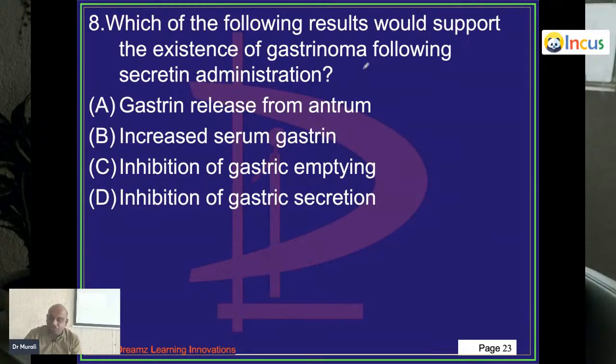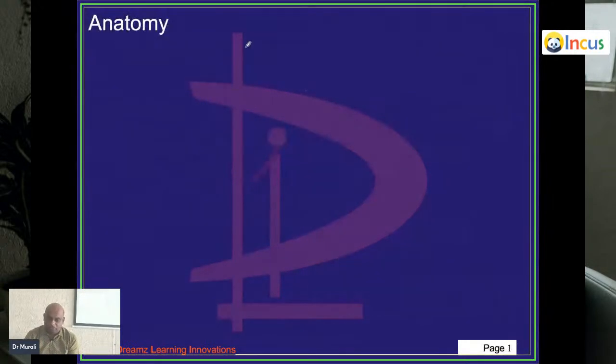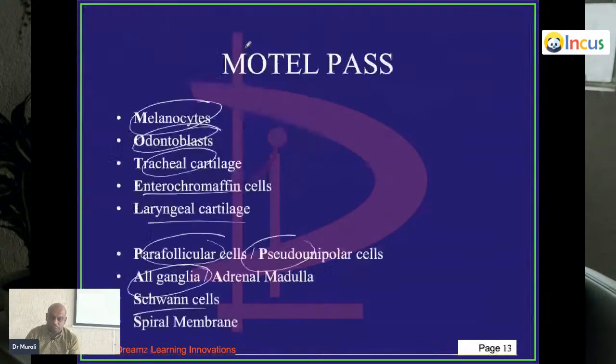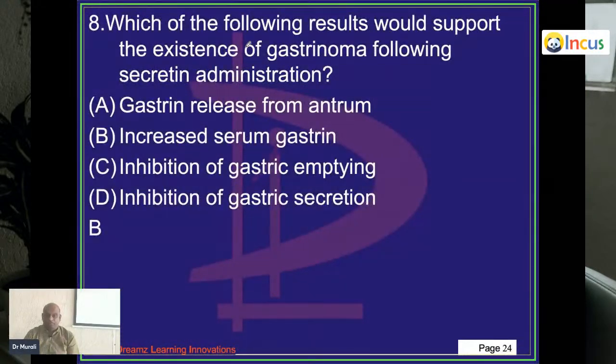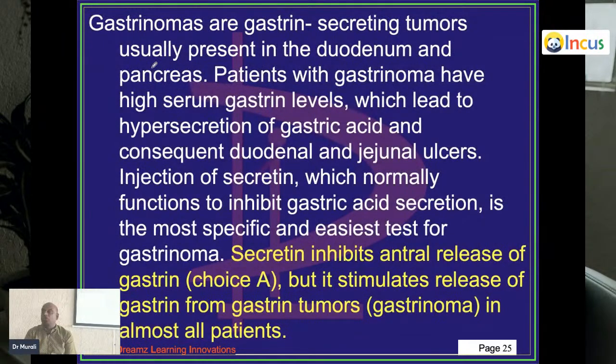Now, gastrinoma. How do you know? With the secretin stimulation test. So normally secretin inhibits the antral release of the gastrin. Normally secretin is supposed to inhibit the antral release of the gastrin.